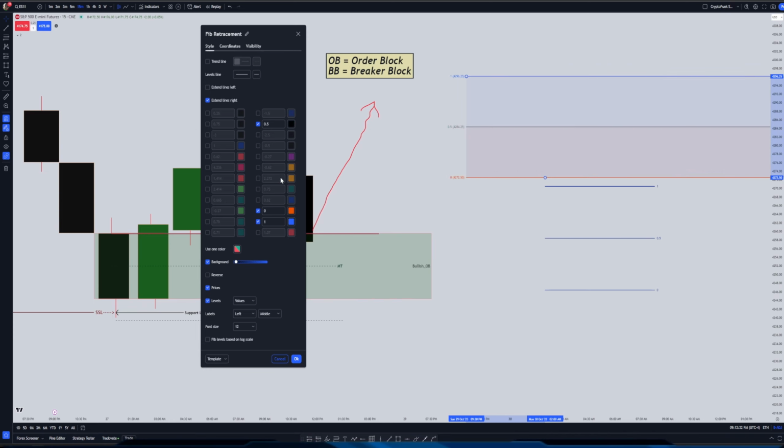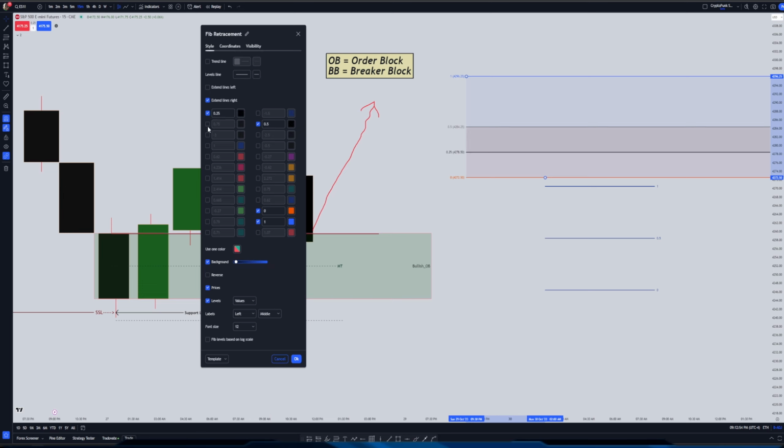So what you want to do is go to your fib retracement, go to the settings, and put extend to the right so that you don't need to drag it from one place to another, just to know what the prices are. Background, up to you, you can have the background, you can turn off the background.